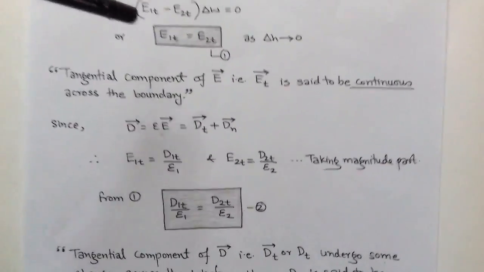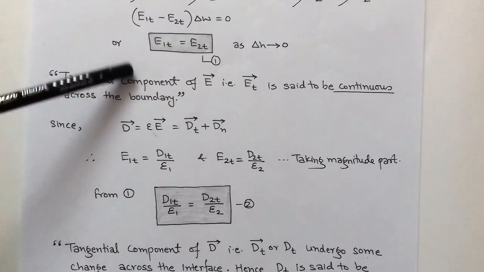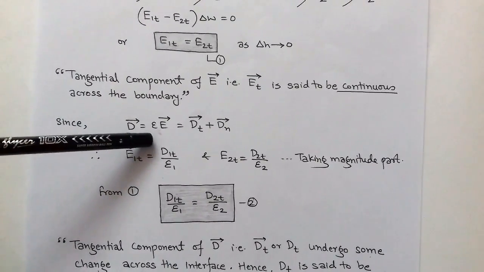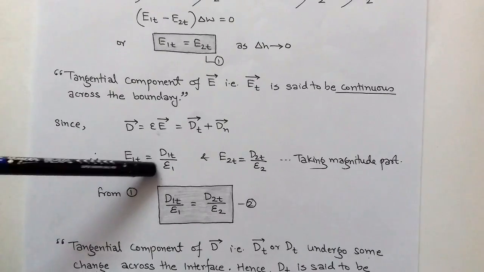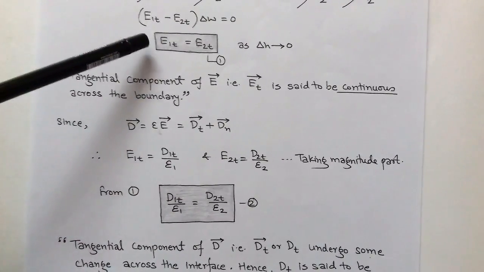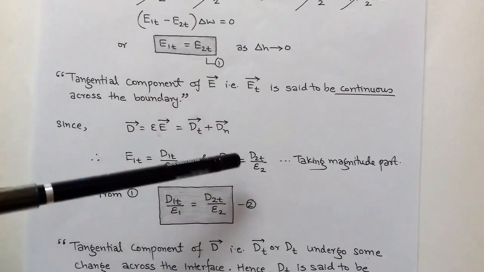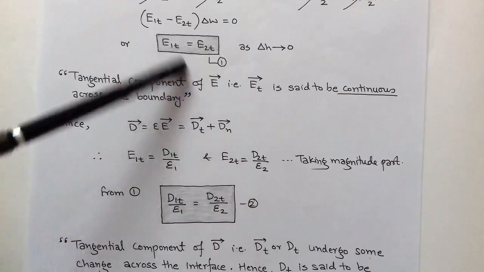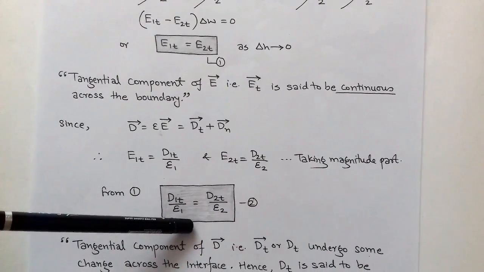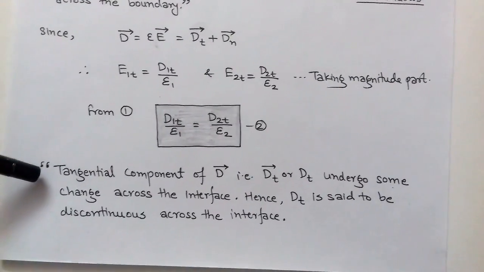Similarly, since we know that electric flux density D equals epsilon E, again the electric flux density is broken into tangential and normal components. So in terms of electric flux density D, E1t equals D1t upon epsilon 1 and E2t equals D2t upon epsilon 2. After putting these two terms in equation 1, we get D1t upon epsilon 1 equals D2t upon epsilon 2.